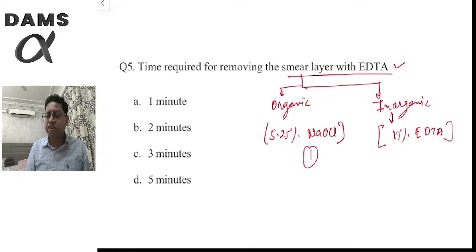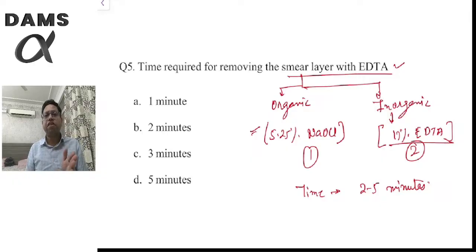So a combination of these two irrigants is used, and the time required in a standard protocol is 2 to 5 minutes. This is the first step. We flush the root canal with 5.25% sodium hypochlorite, and after that with 17% EDTA. So respectively the organic and the inorganic portions of the smear layer are removed, and the standard time is 2 to 5 minutes.